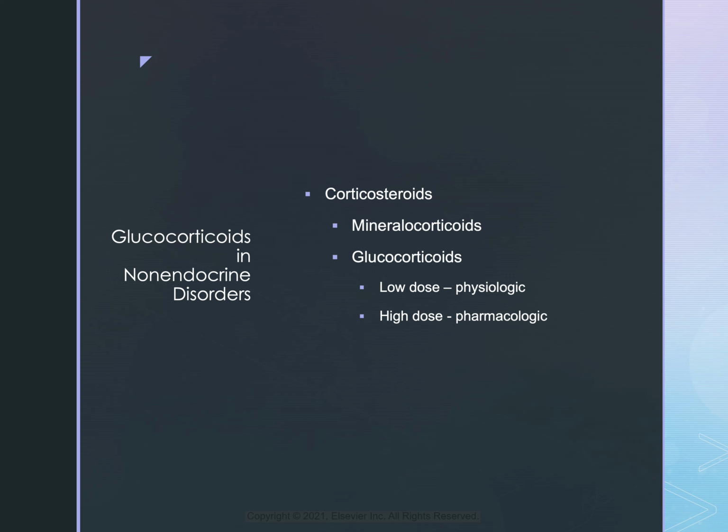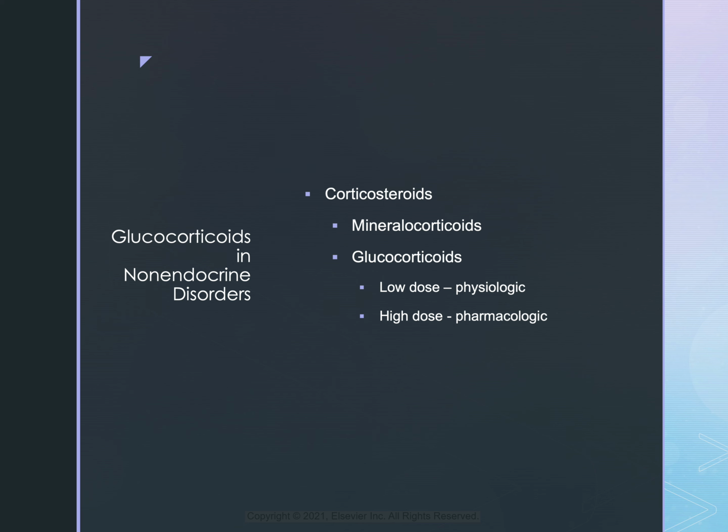Glucocorticoid drugs are nearly identical to the glucose regulating steroids that are produced by our adrenal cortex. So it is a good form of a synthetic version of glucocorticoid. And we look to these drugs as having two kinds of effects. We're either looking to produce a physiologic effect or a pharmacologic effect.